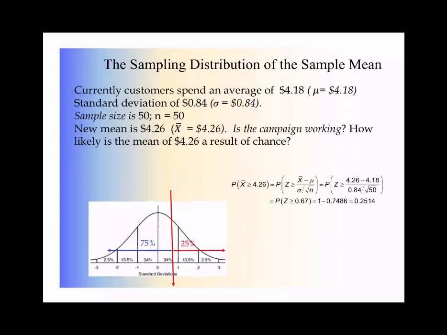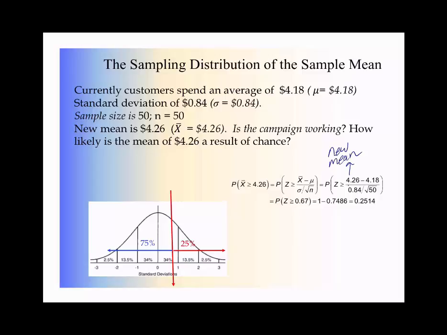So the way I like to approach these sorts of problems, first I like to work out the mechanics. So here we have the mechanics. We plug it into our Z value. I've got all the data up here. So we're going to take our $4.26. This is the new mean, or the new average.